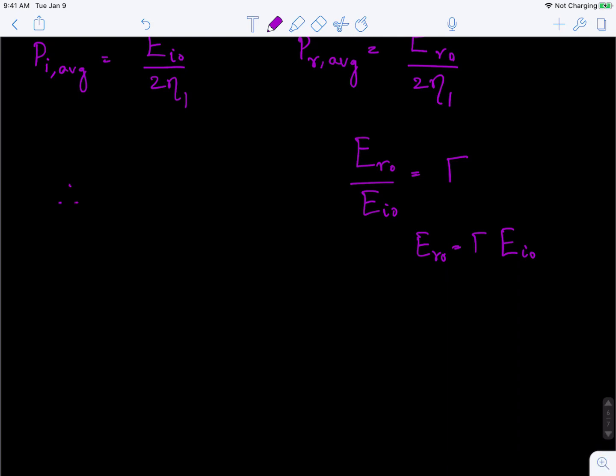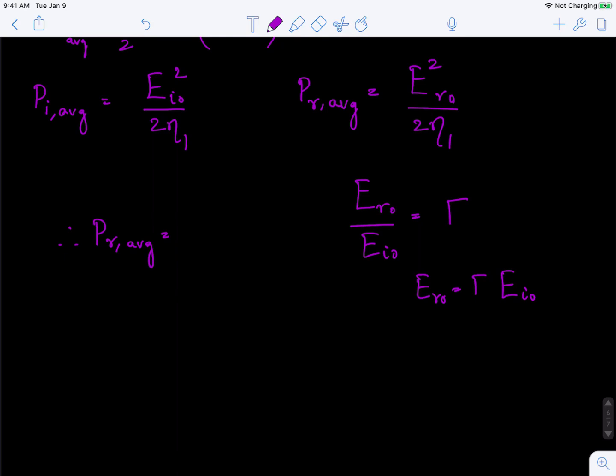Therefore the average reflected power is equal to gamma square E incident square divided by 2 eta 1.